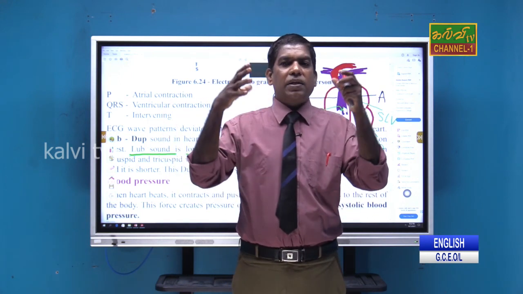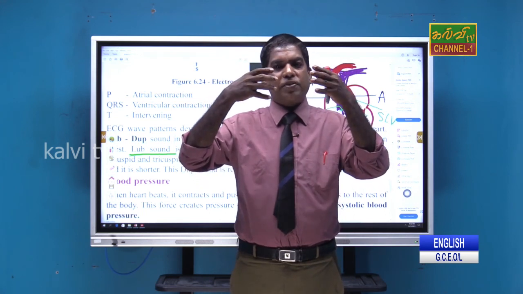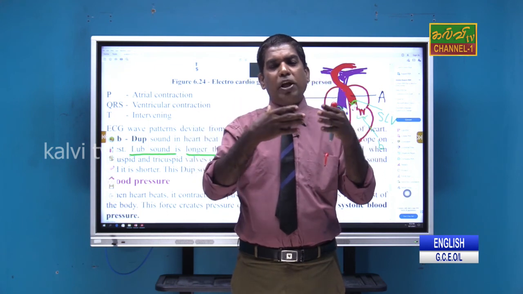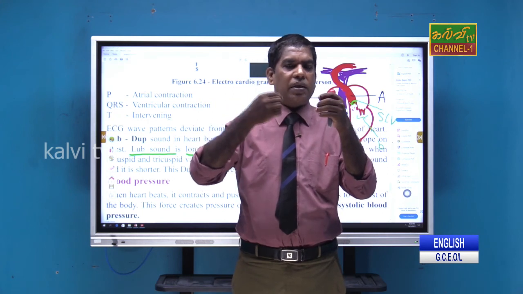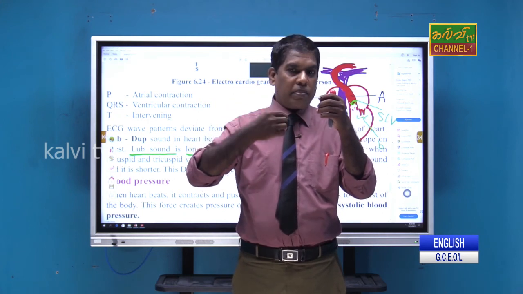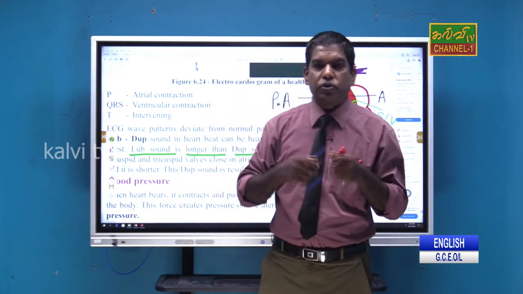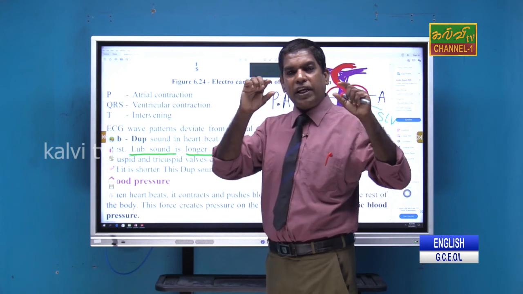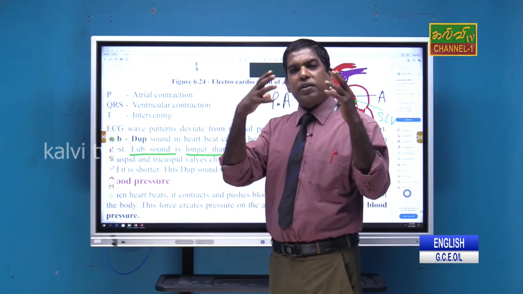So like that, at the same time, when the bicuspid and tricuspid valves close, that time is lub, and the semilunar valves, at the beginning of the aorta and the pulmonary artery, also close, that is dub. So lub means the tricuspid and bicuspid valves. The dub means the semilunar valves.